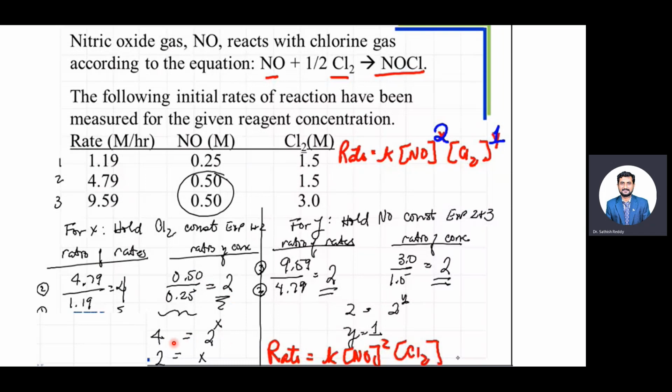Then we can find the order of the reaction for NO. So 4 equals 2 to the power x, and x is equal to 2. The order of the reaction for NO is 2.